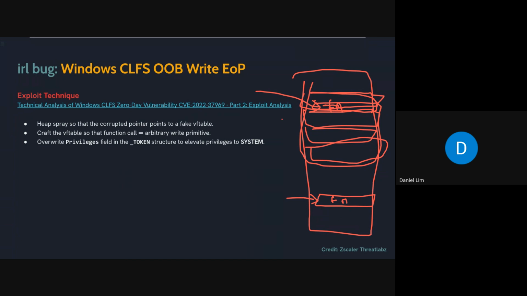So by doing so, you can craft a fake virtual function table in your heap spray area and then convert it into an arbitrary write primitive. So you start to call a function that lets you write to wherever you want.